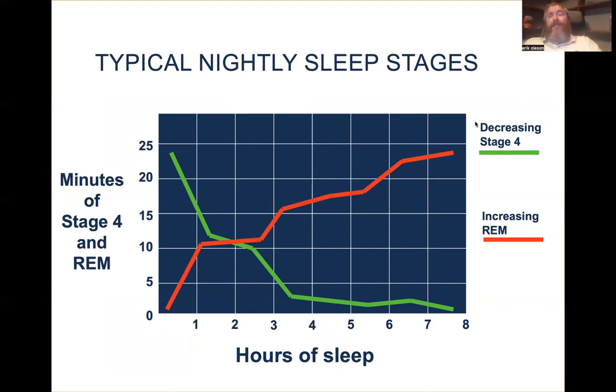During a cat nap, you might be more likely to enter this. During a state of deprivation, you're much more likely to enter deep sleep. But maybe because you're sleeping more and no longer in this state of deprivation, you're less likely to enter deep sleep as you continue sleeping, but are more likely to enter REM sleep.